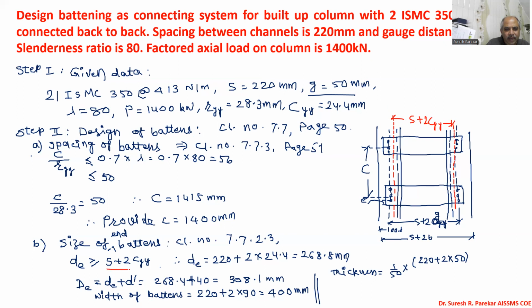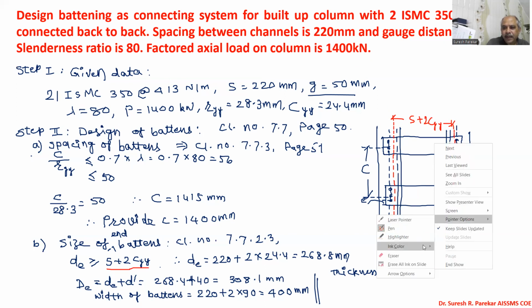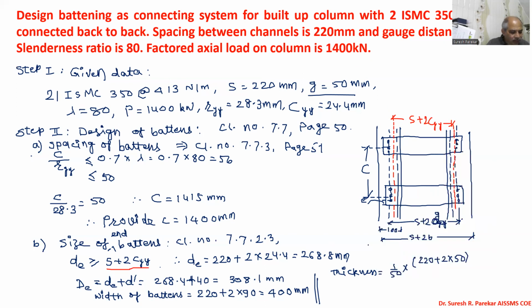The values we have taken are correct, and this is S plus 2G, which is 220 plus 2 into 50, divided by 50, and we get 6.4 millimeters. Therefore provide end battens as 400 by 310 by 8 millimeters.